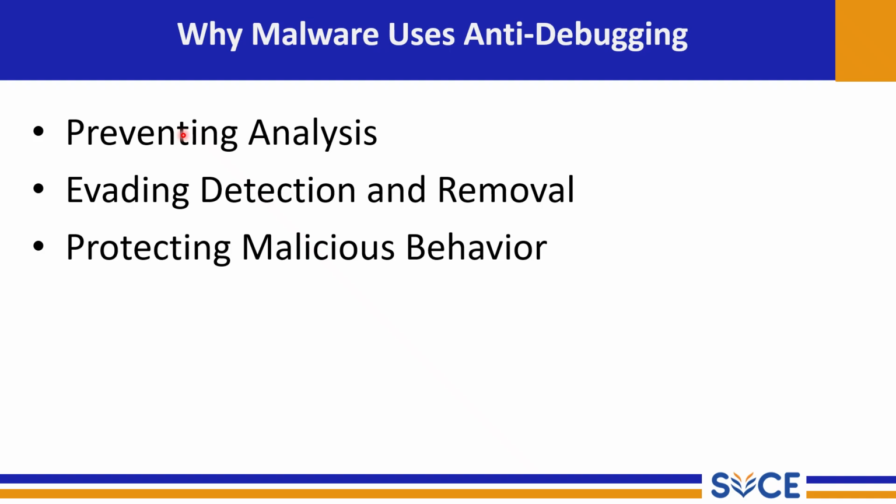Okay, so it is important to know that while anti-debugging techniques can significantly increase the difficulty of reverse engineering, they do not offer absolute protection and can be circumvented by determined attackers. Okay, so this is all about anti-debugging.